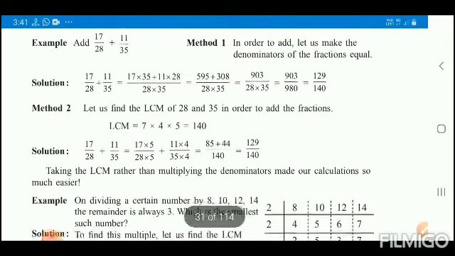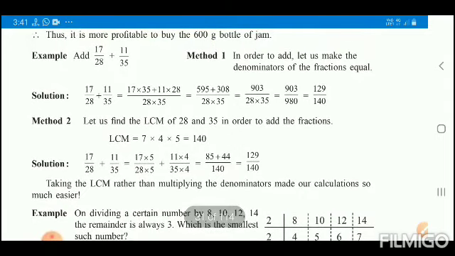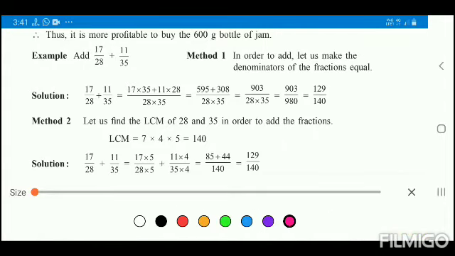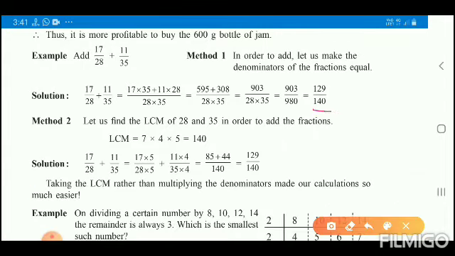What we are doing for equalizing the denominator is multiplying the first fraction by the denominator of the second fraction and the second fraction by the denominator of the first fraction. So you will get the answer 129 upon 140.